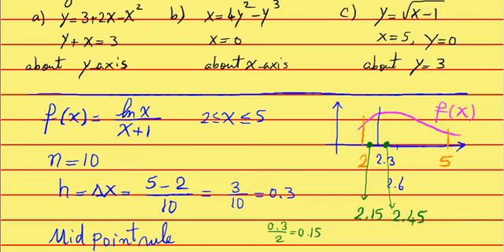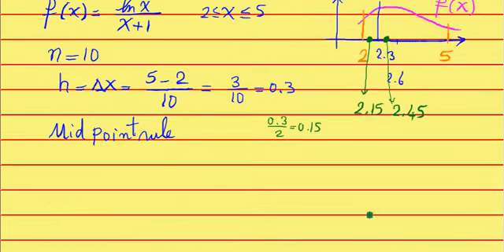Now let's go ahead, write our points. So midpoint is going to be 2.15, 2.45. Here are the midpoints.